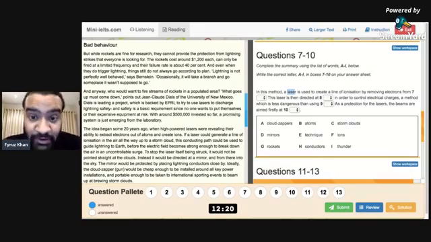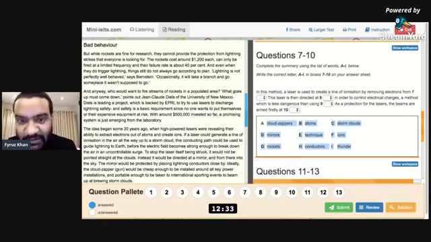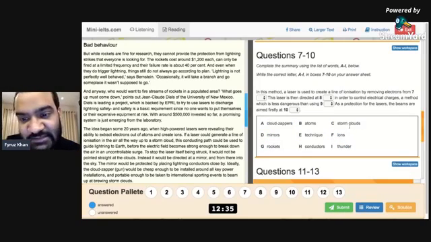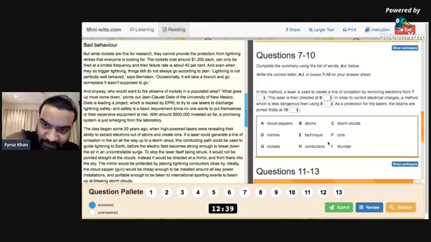Sometimes when you have these words given, it becomes really easy to find the answers, because you read the sentence, and then you read the list of words and try to put them in the right places. If you know the meaning of these words, it becomes very easy to put them into the gaps.